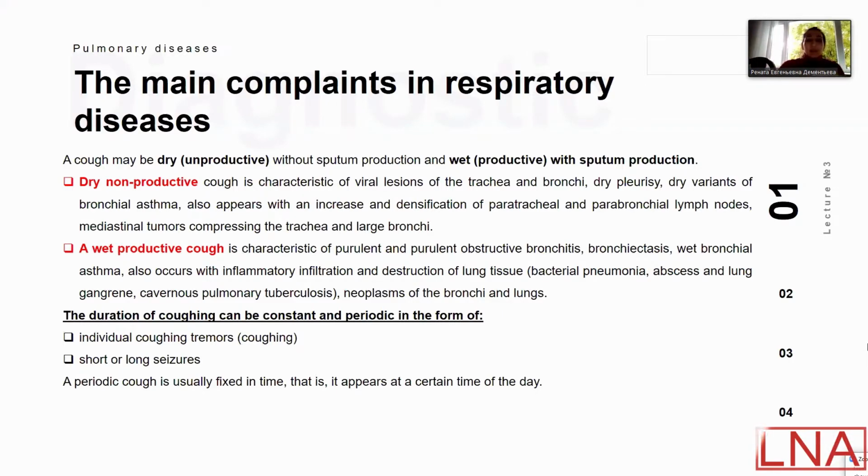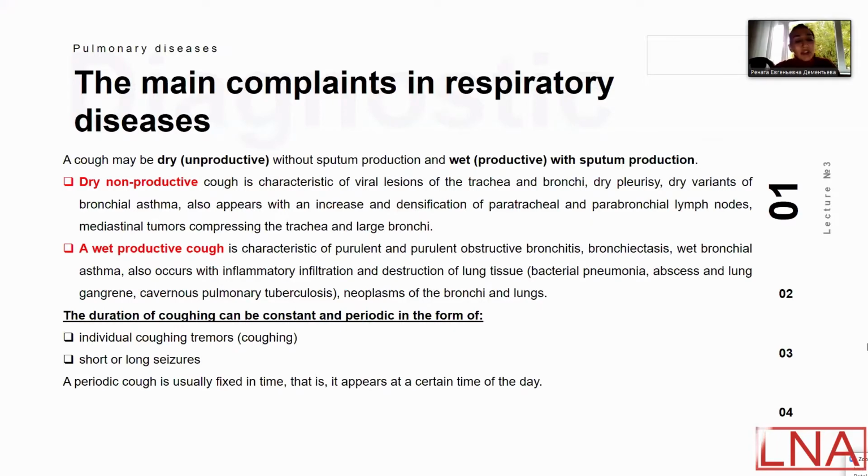So, dry non-productive cough, wet productive cough with sputum. The duration of coughing can be constant or periodical, in the form of individual coughs and tremors, or coughing pushes from time to time. Next, short or long seizures of cough.